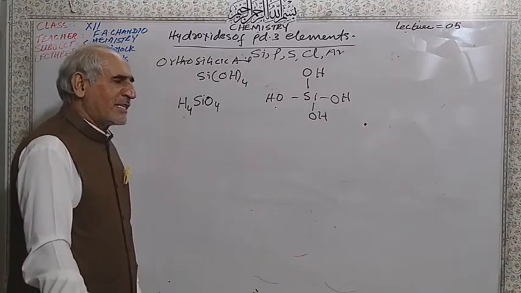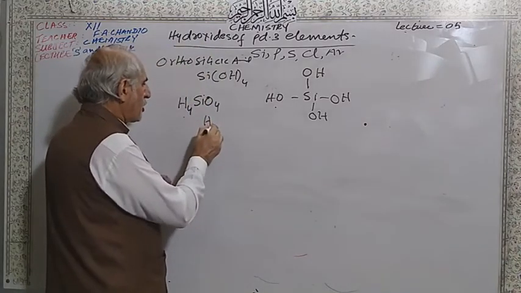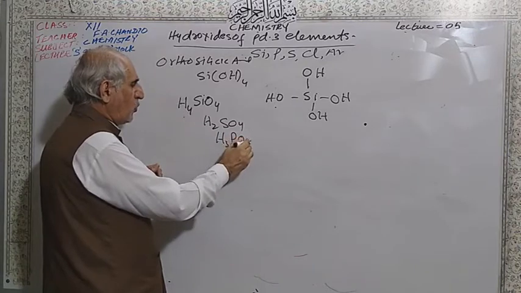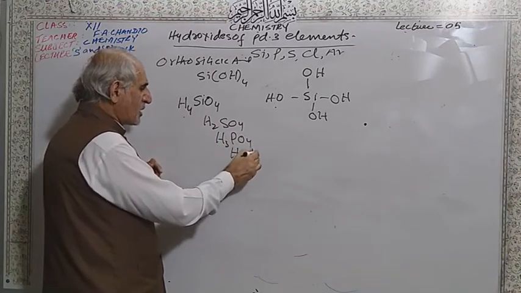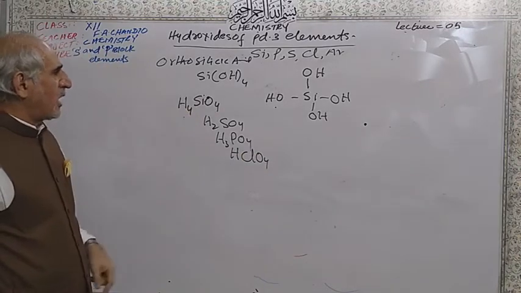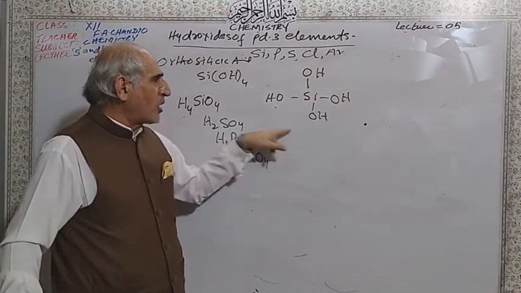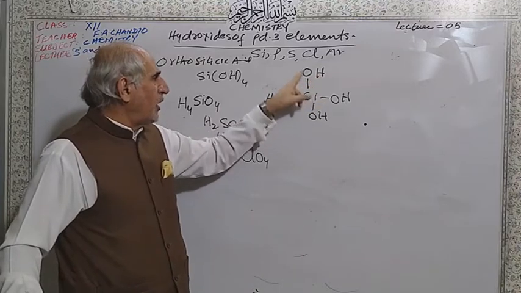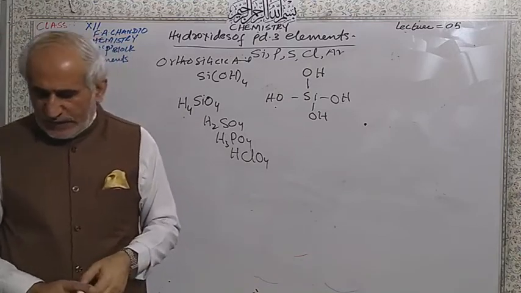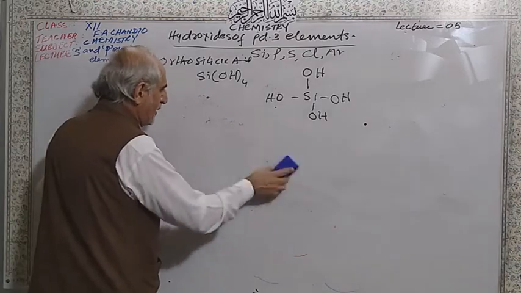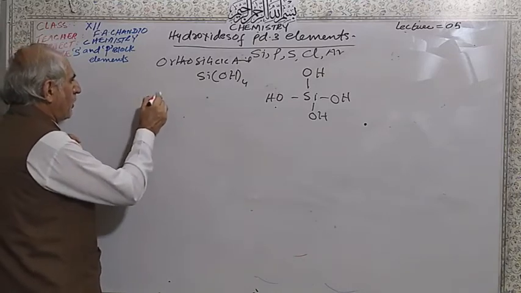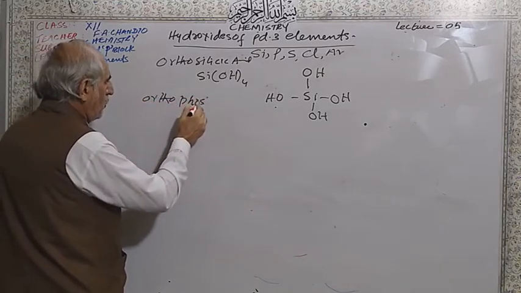If you draw a structure, silicon, but we can write it like this: H4SiO4. Orthosilicic acid, just like sulfuric acid H2SO4, phosphoric acid H3PO4, perchloric acid HClO4.